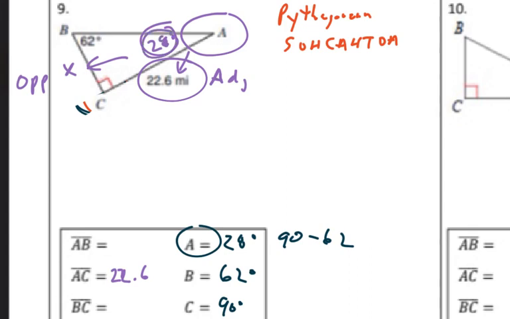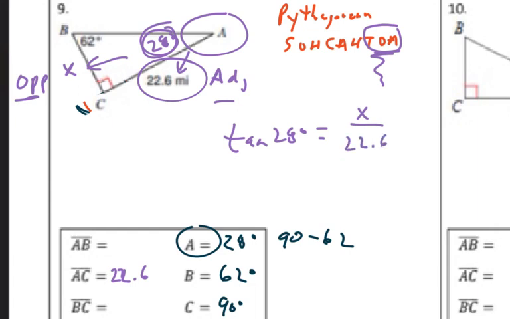It's right next to the 28 degrees. Now, what uses O and A is tangent, right? That's what TOA tells us. So I know that the tangent of 28 degrees is the opposite over the 22.6, right?